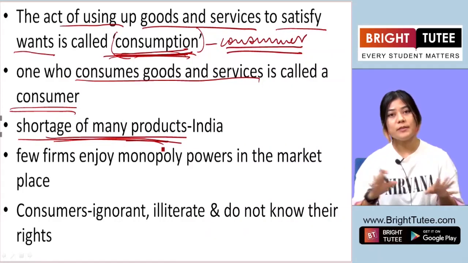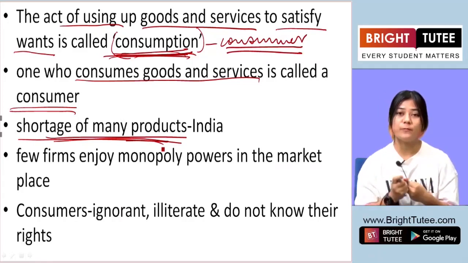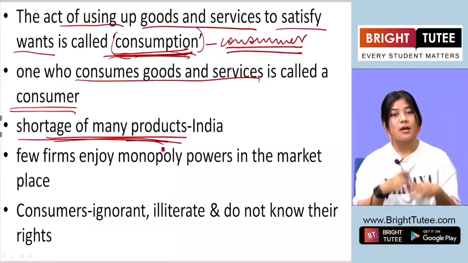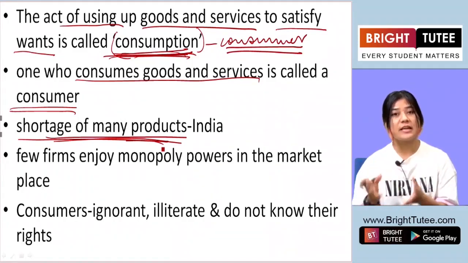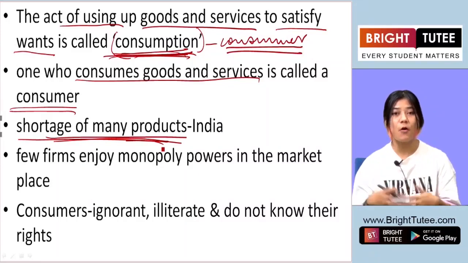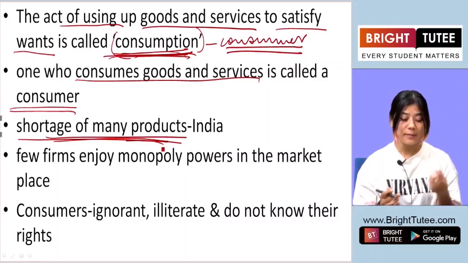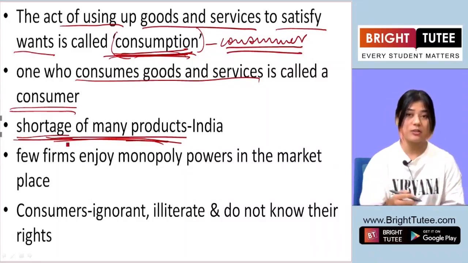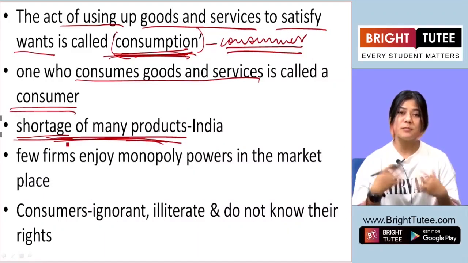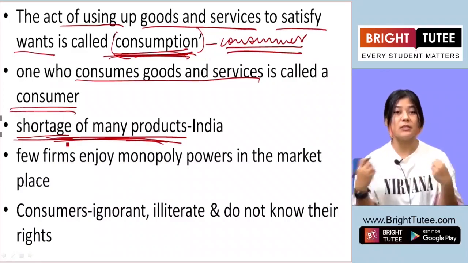All the people are required to consume food grains, food items, but the amount of food grains available in our country is not sufficient for everybody. Alright? Because there is a shortage. So consumption faces problems because people cannot consume equally.